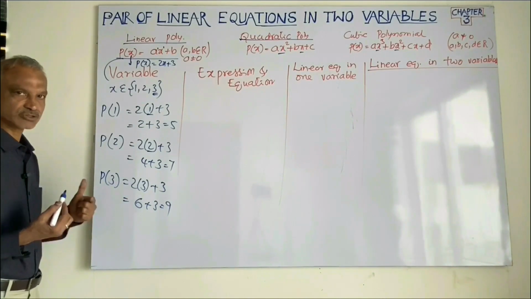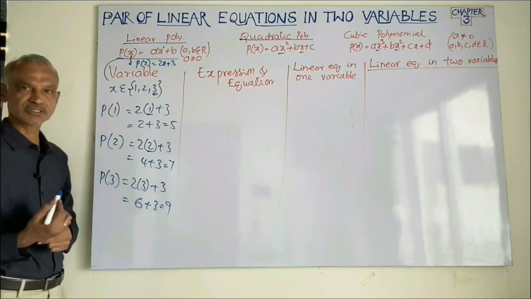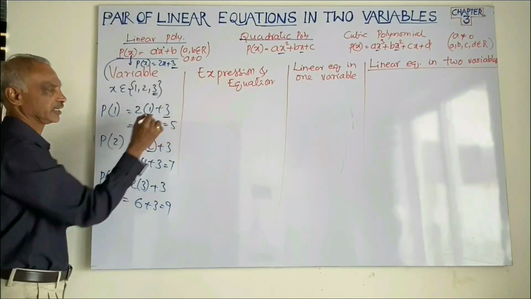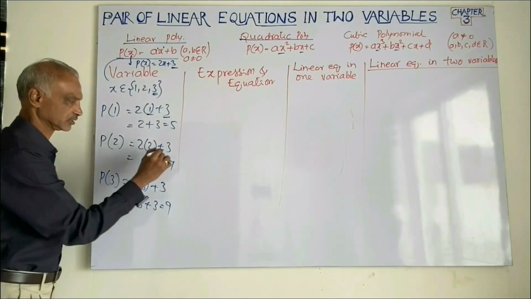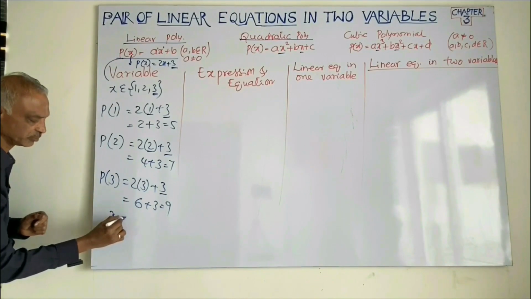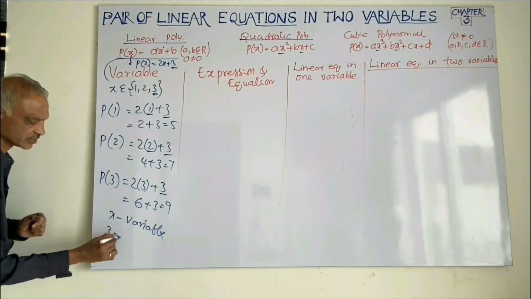It varies. That is a variable. x is the variable here. Now what is the constant here? 3 is the constant. You see 3, it doesn't change. So x is the variable and 3 is the constant.